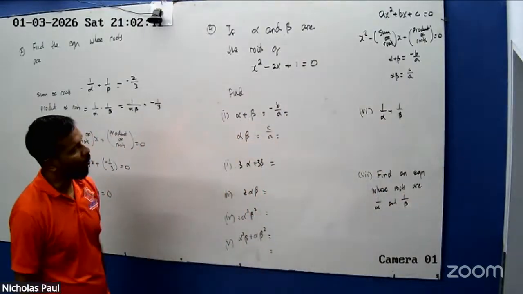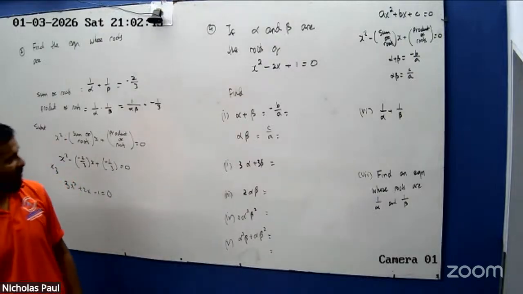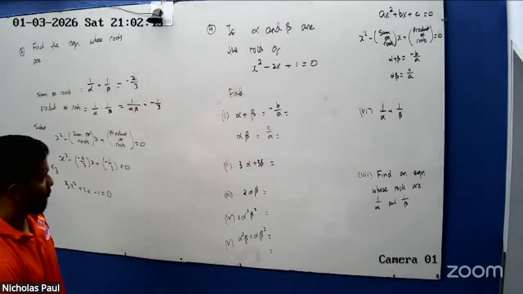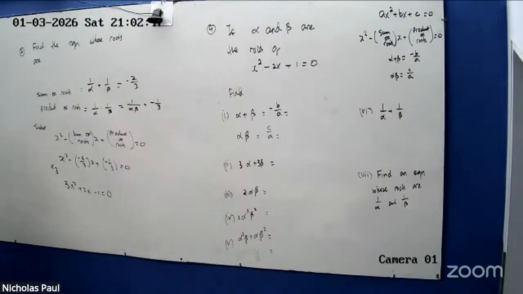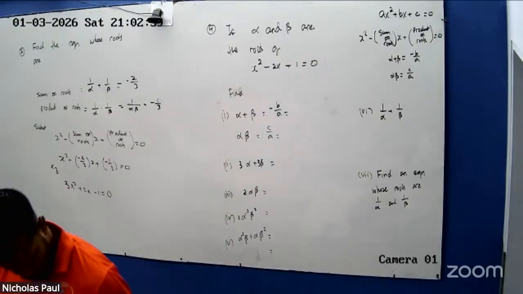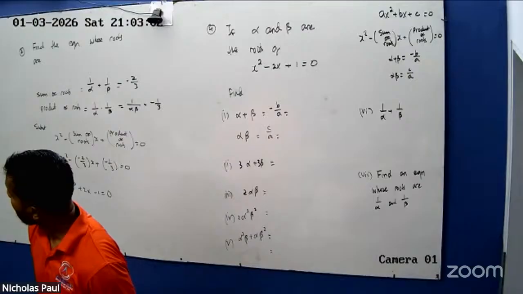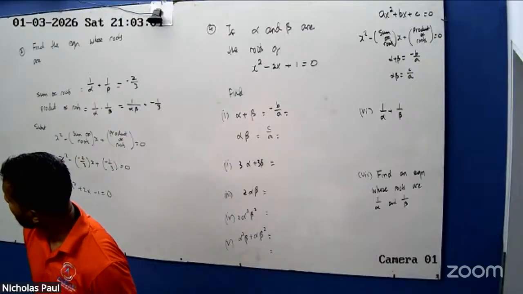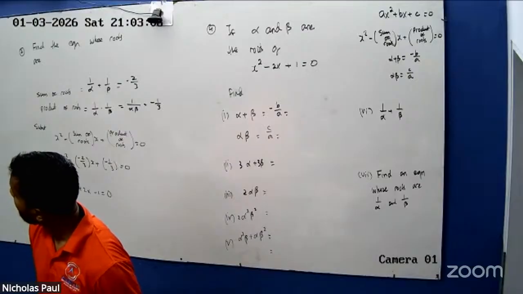Try number 4, all 7 parts of it. Try number 4, all the parts. Not much change, right? So it's very similar to what you just did. I have one answer so far.